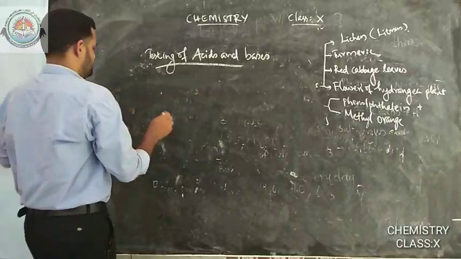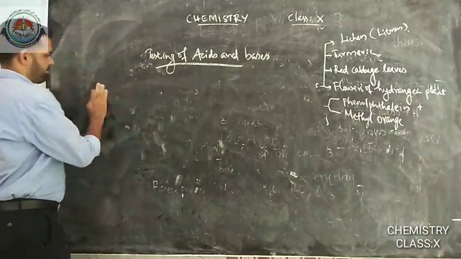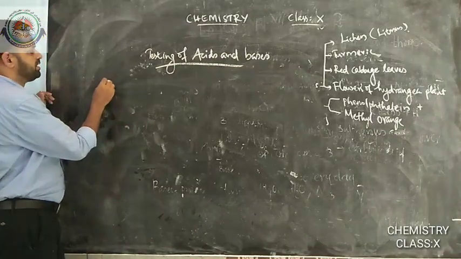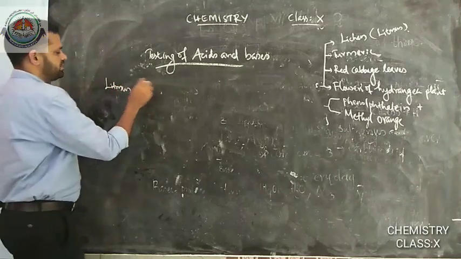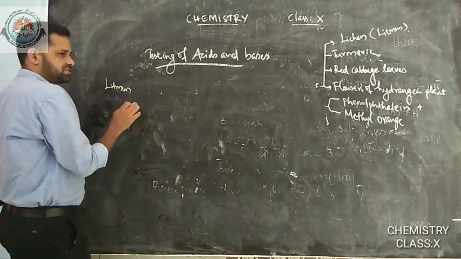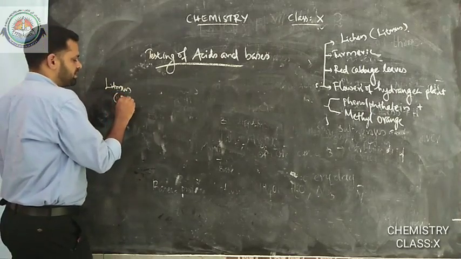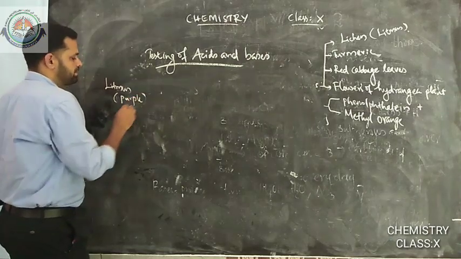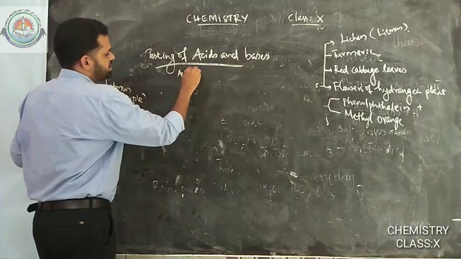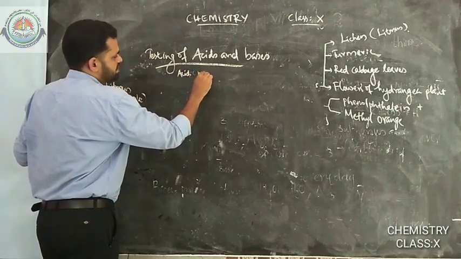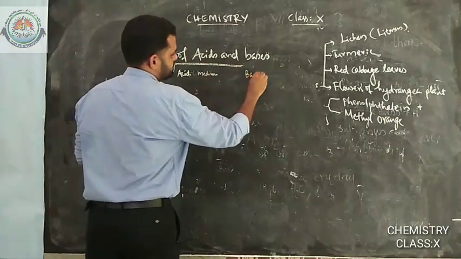So, here we have taken the natural indicators, first a litmus solution. If it is the litmus solution, we know in its neutral stage the color of the solution is purple. Let us see what is the change in acidic medium, and in basic medium.